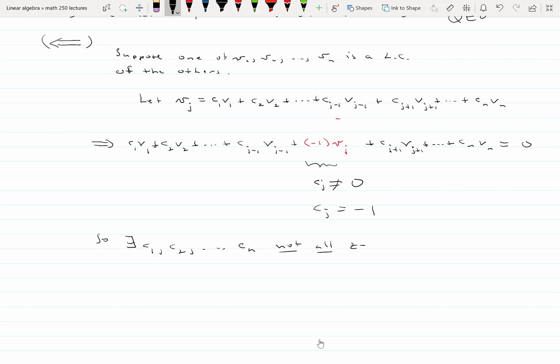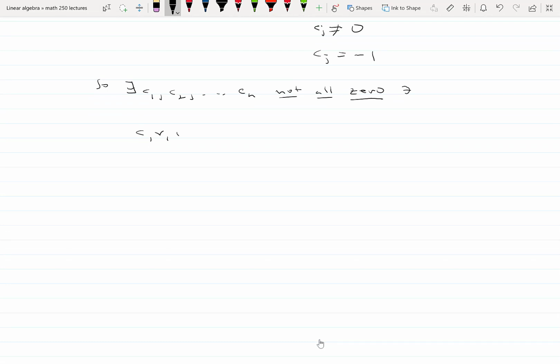C sub j is not 0, such that c1 v1 plus c2 v2 plus dot dot dot plus cn vn equals 0. QED. So the idea that one vector is a linear combination of the others, and there exist constants not all zero, such that the equation holds true, they're absolutely equivalent. So linear dependence can be shown two different ways.